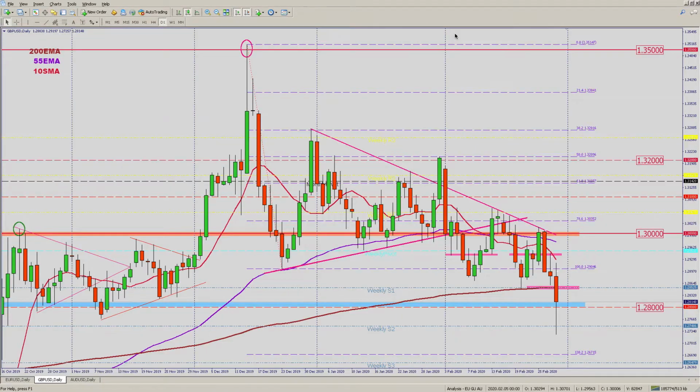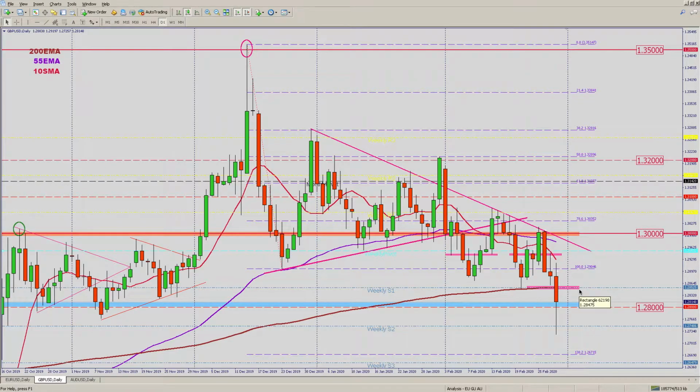And this is the cable. Cable has not done well and could not close above the 130, and this downtrend line has been a significant resistance, as it could not break above that, and fell for the last 3 days of the week.